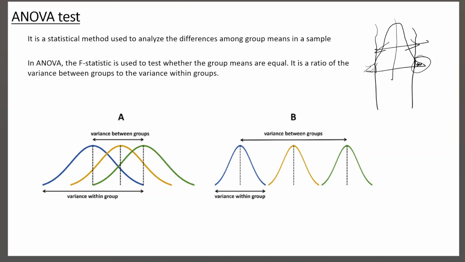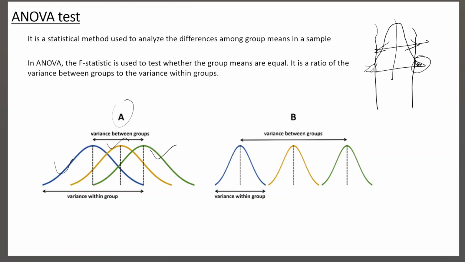If I take three groups, you can see here: blue, yellow, and green. These are the three groups, and they have some variance between them. Variance is how much they vary from the mean. This is the variance between the groups.